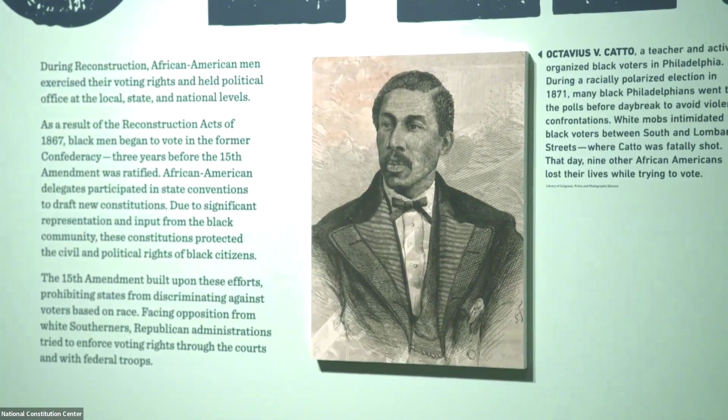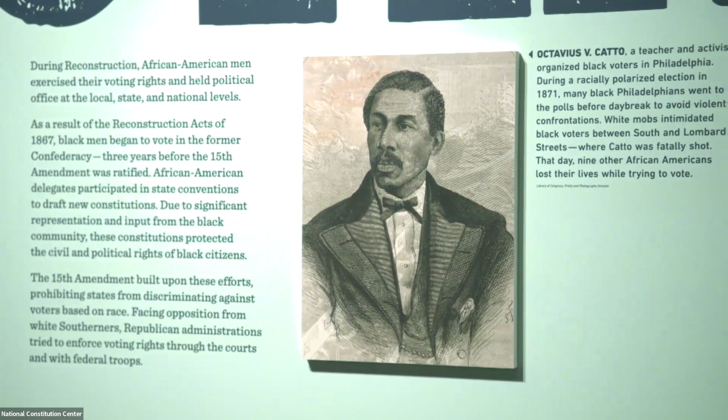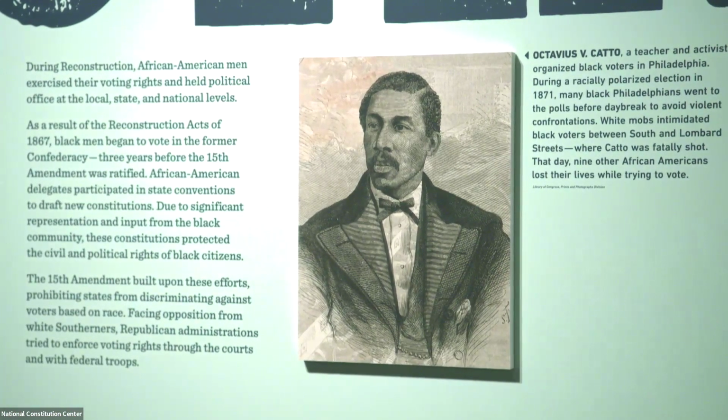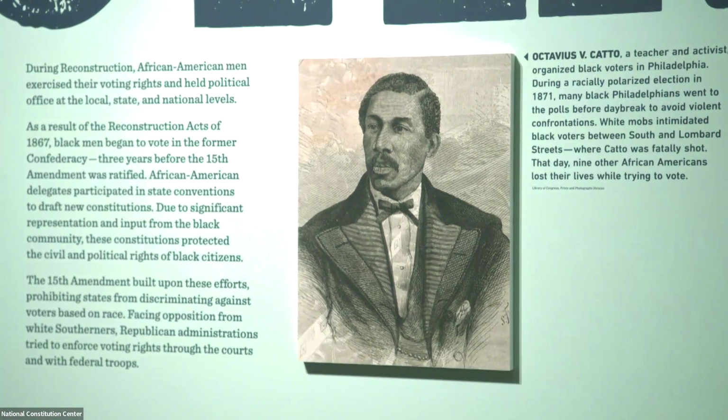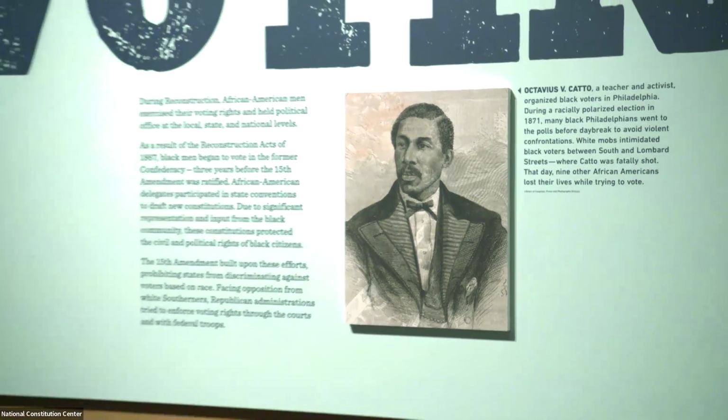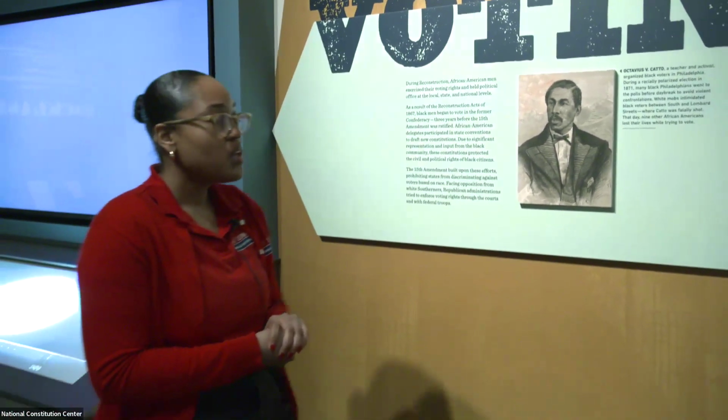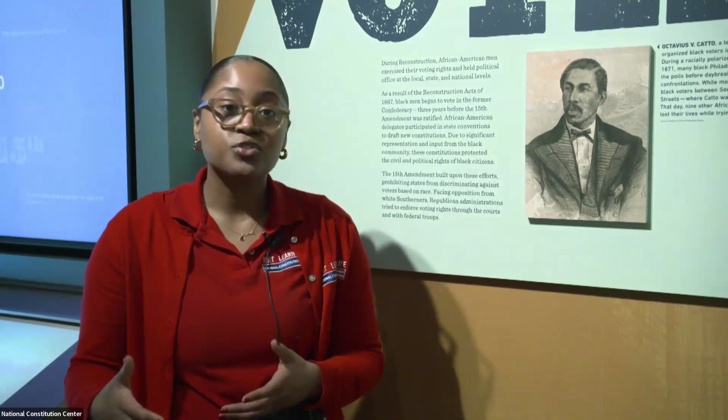And so during a racially polarized election in 1871, many Black Philadelphians went to the polls before daybreak to avoid violent confrontations. But as a result, white mobs tried to intimidate them by, of course, using violence or threatening violence amongst the Black voters.